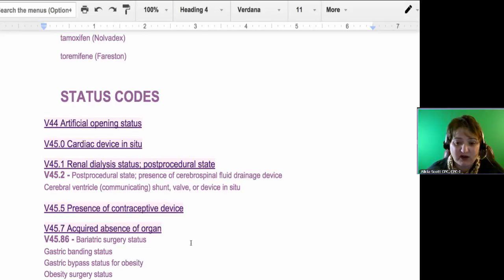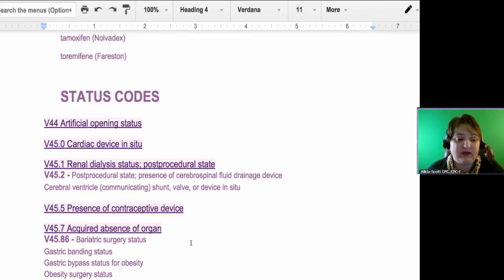Again, anytime that you are putting something into a patient so that they can put things into you or let things come out of you and drain, this is the area you're going to be looking at. They even have presence of contraceptive devices, and then one, again, that a lot of people forget is available is V45.7, acquired absence of an organ.